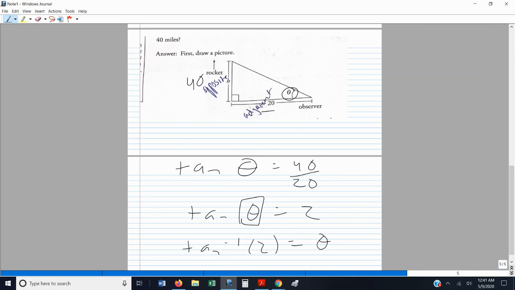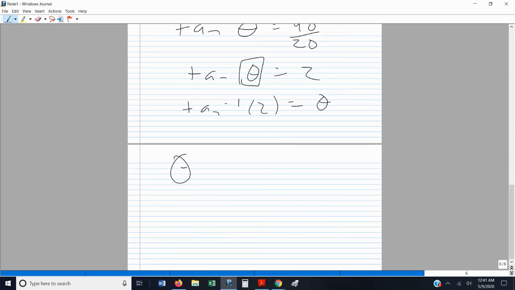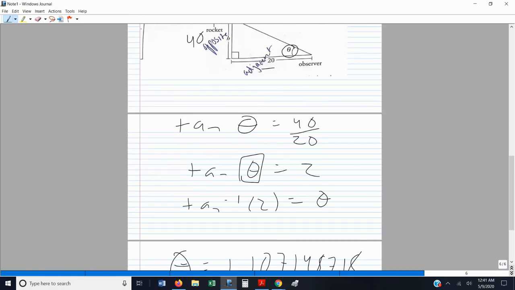You want to be in radian mode on your calculator, and it tells you that the angle is 1.107148718. I'm writing down all these digits because it's not the end of the problem yet. So that's the angle theta at that instant.